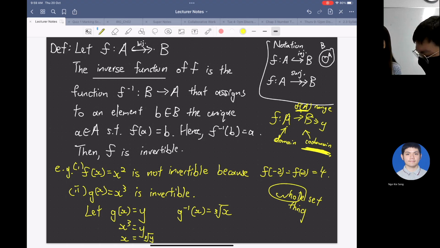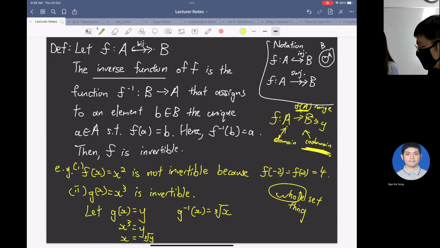Just for this example, I know this is A, this is R. No, wait. This is not the domain, this is the range. Domain here. Usually we think of it here.